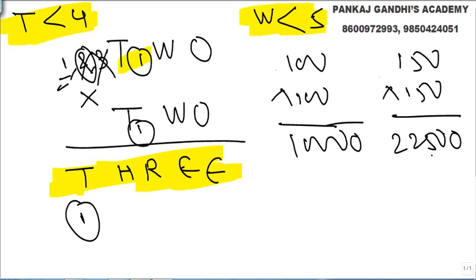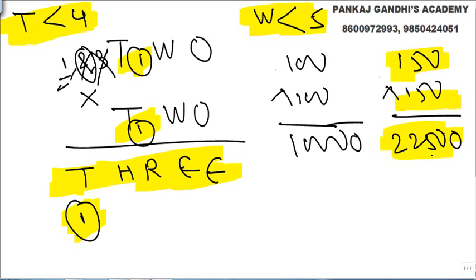Why does W have to be less than 5? We have already decided T has to be 1. 1 into 1 is 1. But now if W is 5, 150 into 150, this T will become 2. If I want it to be 1, what we need is W has to be less than 5.